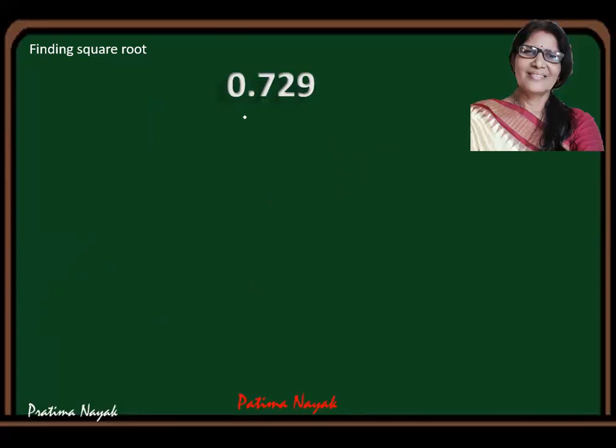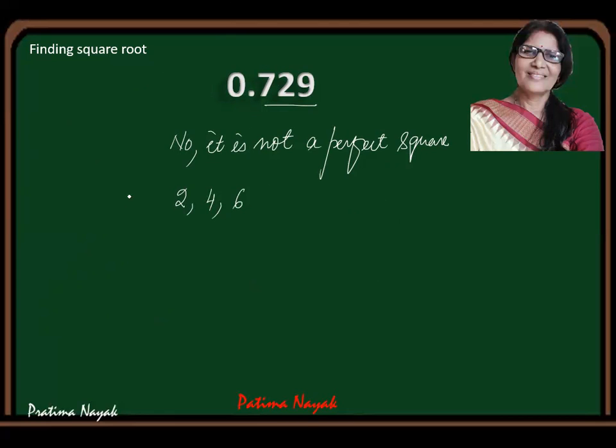Is it a perfect square, 0.729? No. Why? There are 3 digits. It is not a perfect square. That means if there are 2 digits, 4 digits, 6 digits after decimals, then only we'll go for finding the square root.